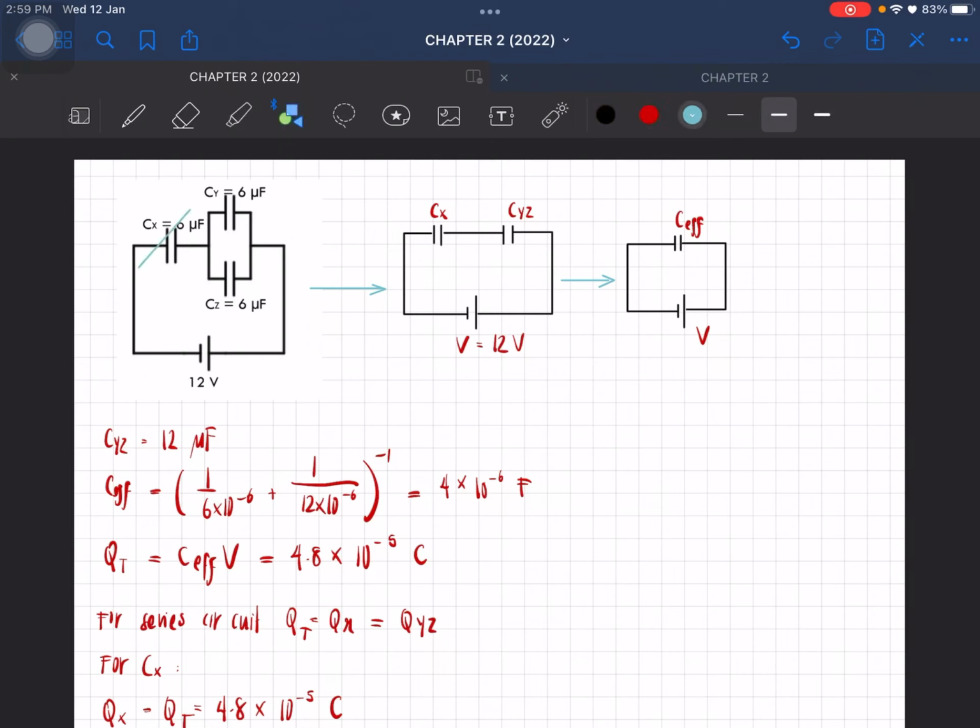Now we are gonna focus on CY and CZ. We are gonna focus on this capacitor again.